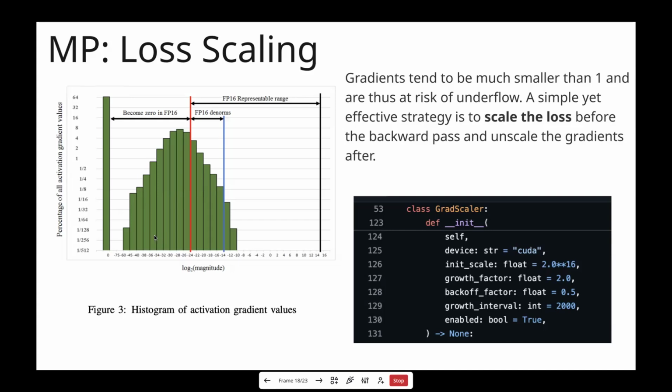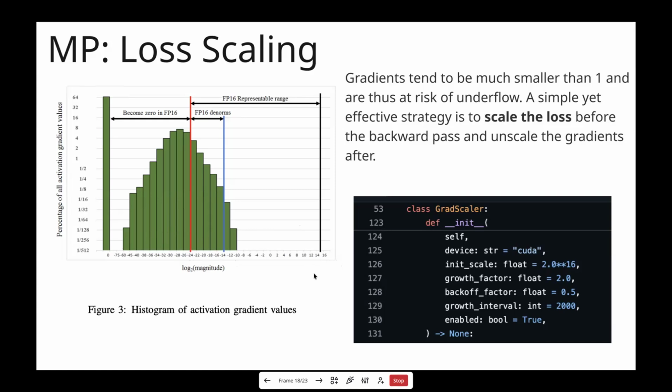But what happens if we just multiply all these values by some constant, thus shifting the histogram to the right? So everything from -60 to say -10, maybe we might be able to represent within the range of from -24 to 15.